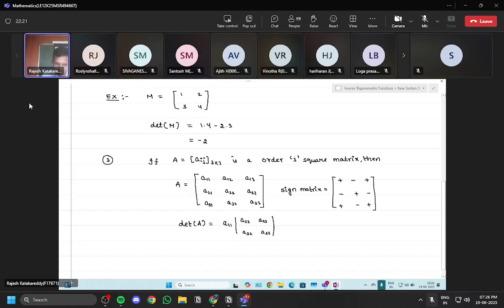Right? So next element is A12. Consider the element along with the sign. It will be minus A12 into determinant of. After considering the element along with the sign, delete the first row and second column. Consider these four, then the determinant. Clear? This is determinant of A21, A23, and then A31, A33.